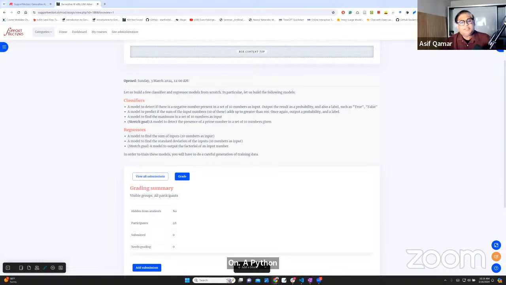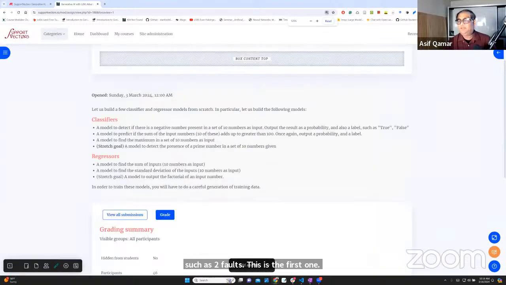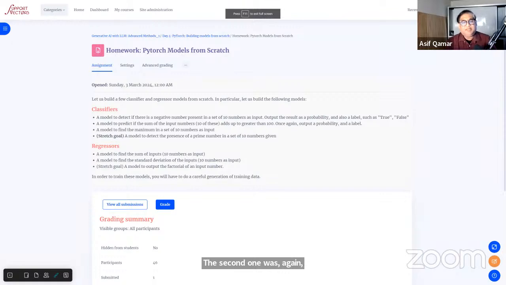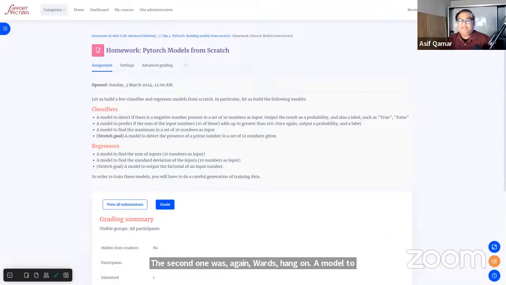So the problems that I gave were classifier models. First, a model to detect if there is a negative number present in a set of 10 numbers as input, and output the result as a probability and also a label such as true, false. The second one was a model to predict if the sum of the 10 input numbers adds up to greater than 100.